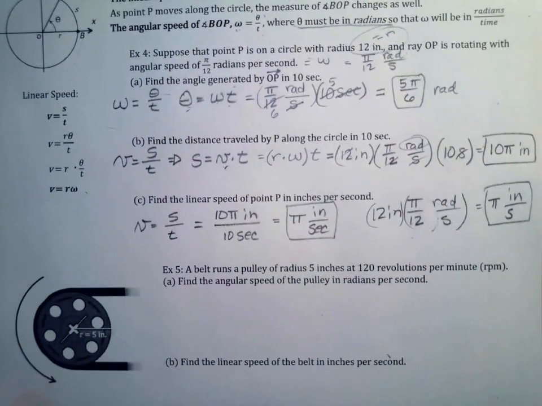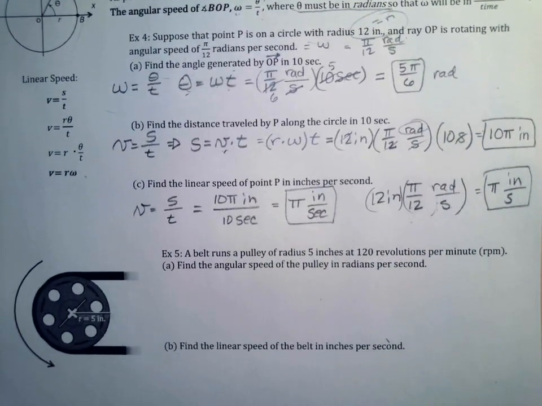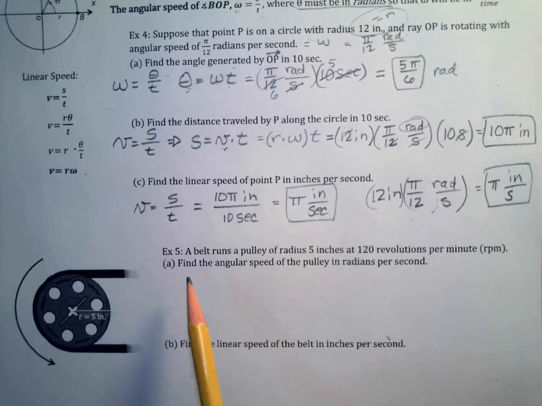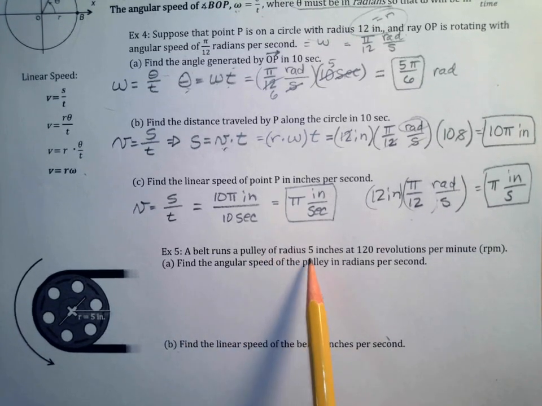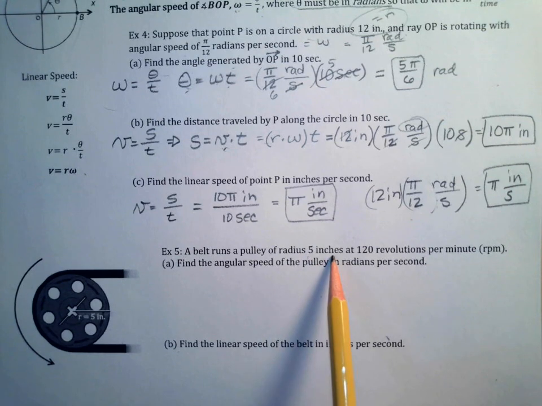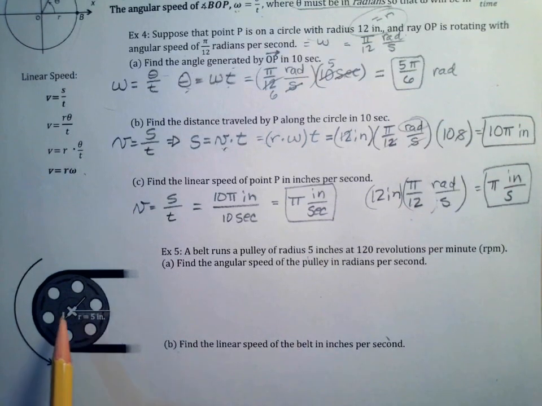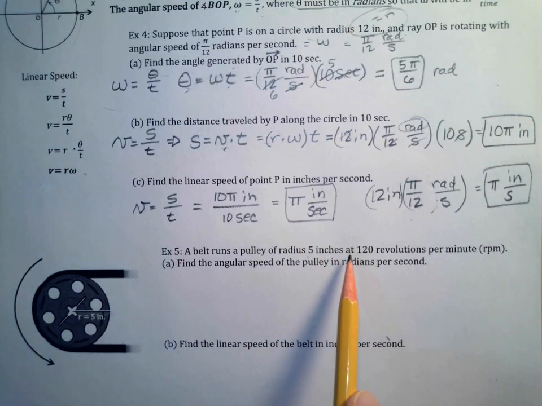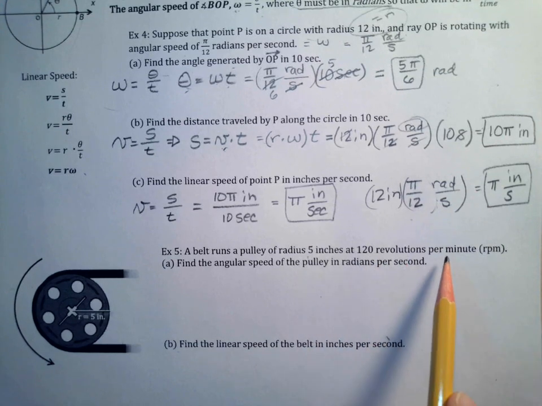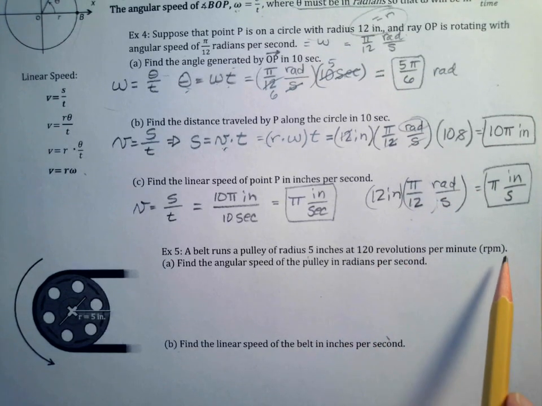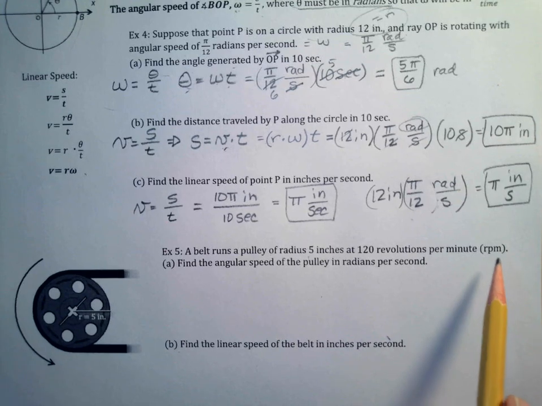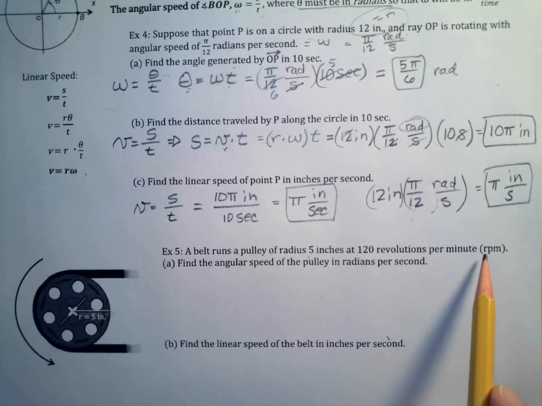Okay, and the last one, number 5. A belt runs a pulley of radius 5 inches. So the radius here is 5 inches, at 120 revolutions per minute. So whenever you see RPMs, know for sure that that is not radians.